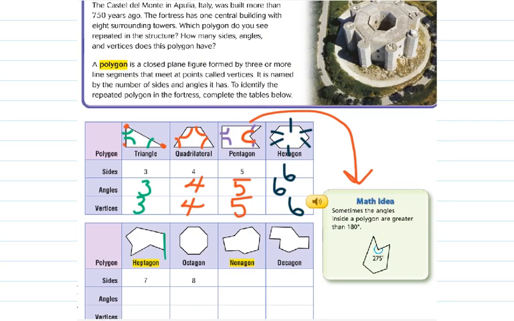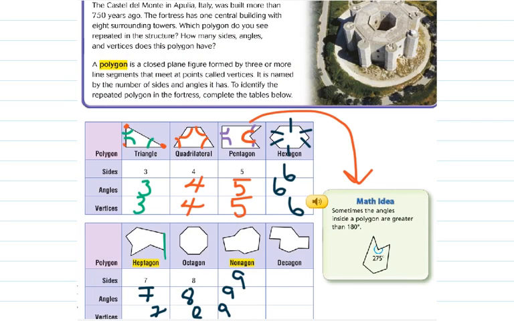Next we have a heptagon, which has 7 sides, 7 angles, and 7 vertices. An octagon, 8 sides, 8 angles, 8 vertices. A nonagon, 9 sides, 9 angles, 9 vertices.